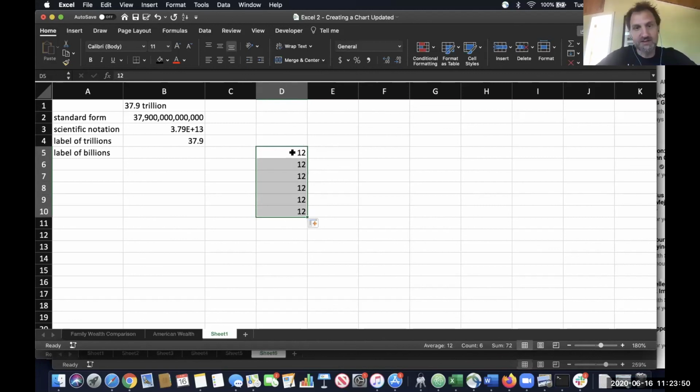This is something that you will learn more about how to use. It's called autofill. But I just wanted to show you one little thing about Excel, which can be annoying if you don't understand that your cursor acts differently when you put it in different places in the cell: inside, on the edge, or in the bottom right corner.